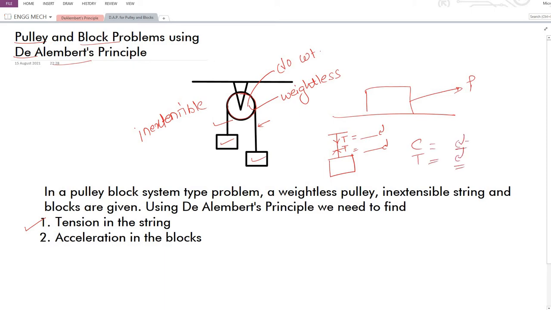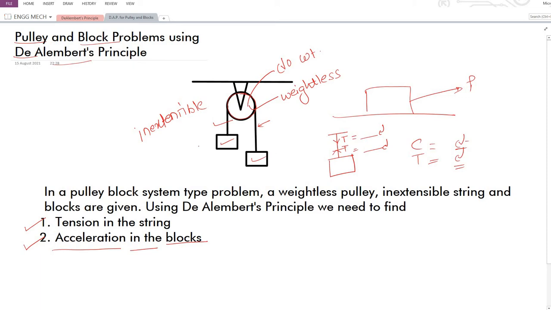Then since we are talking about D'Alembert principle, we will be calculating the acceleration that is generated in the block. Whatever acceleration the blocks will be providing for initiating the motion, we will need to calculate that.